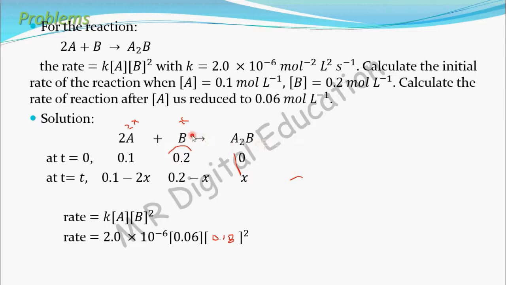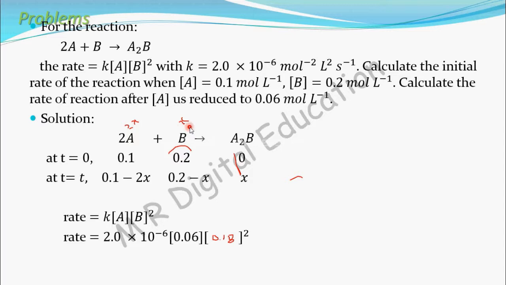By using x mole per liter of B and 2x mole per liter of A. Why? See, to form 1 mole of A2B, the reaction uses 2 moles of A and 1 mole of B. So in order to form x mole per liter of A2B, the reaction will use 2x mole per liter of A and x mole per liter of B.